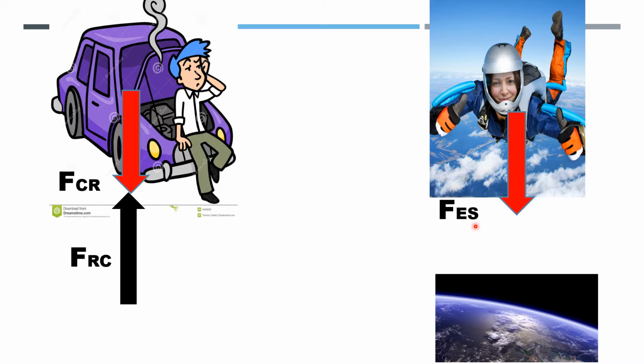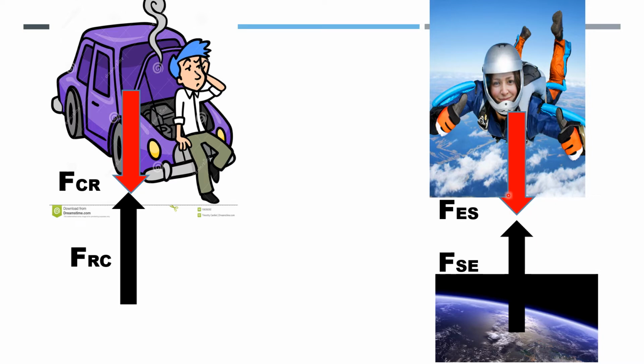Okay, how do we represent the reaction force to that? It is represented here as force FSE, meaning the force exerted by the skydiver on the earth, and that is, of course, directed upward.